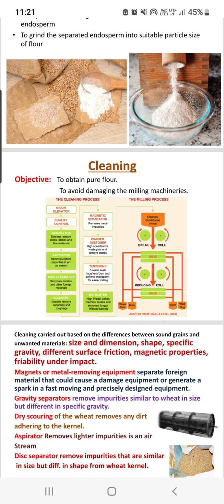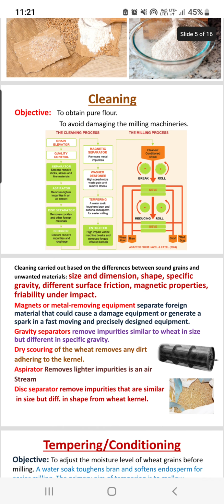Magnets or removing equipment are magnetic separators. With the help of a magnet, we can remove the metal impurities. Gravity separators remove impurities similar to the wheat in size but different in specific gravity. Next is scouring. In this process, wheat is cleaned of any dirt adhering to the kernel, like soil or dust particles stuck on the wheat kernels.